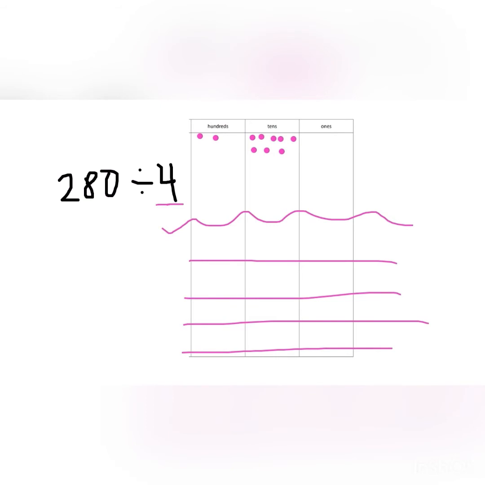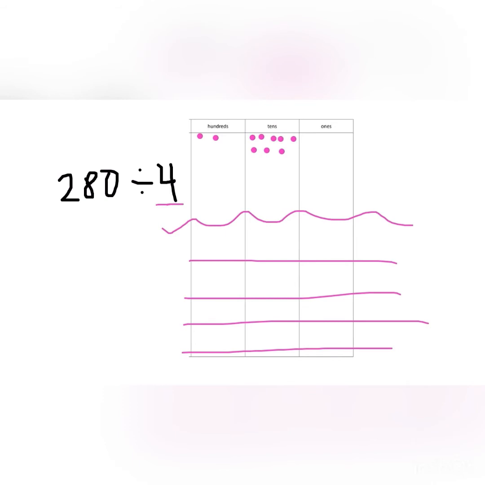Okay. Next, I have to start with my highest place value, which is the hundreds, and put 1 disc on each line until I can no longer split them evenly. But I notice I only have 2 discs, which I can't split between 4 lines. So I need to break those 2 hundreds down into 20 tens because there are 20 tens in the number 200.